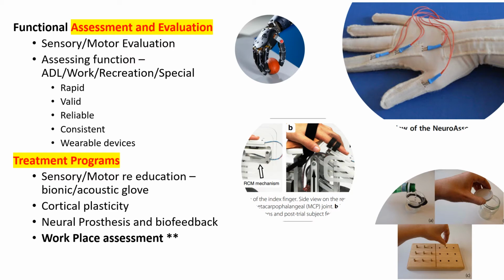Neural prosthesis is another new area which provides biofeedback, and the future, especially in work-based assessment, will be the use of robotics in real-world assessment of the patient's functioning within his work environment.